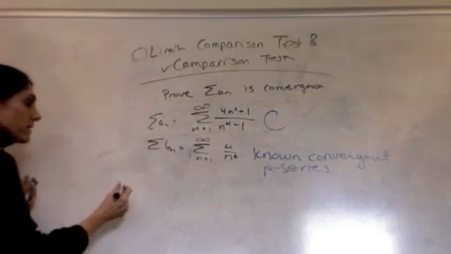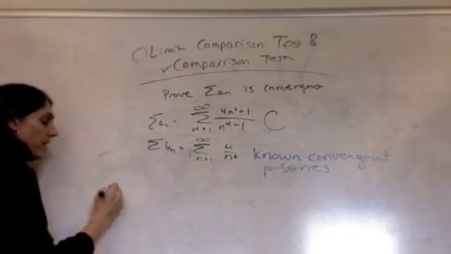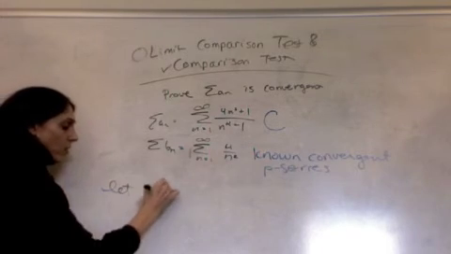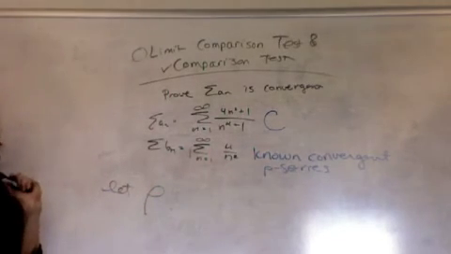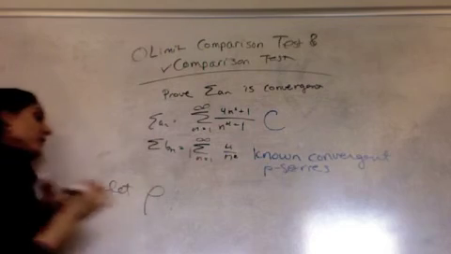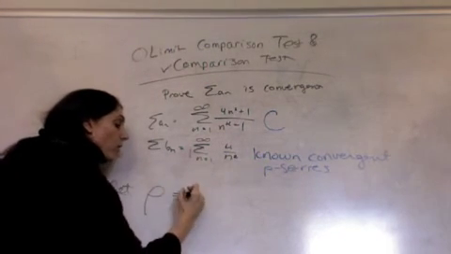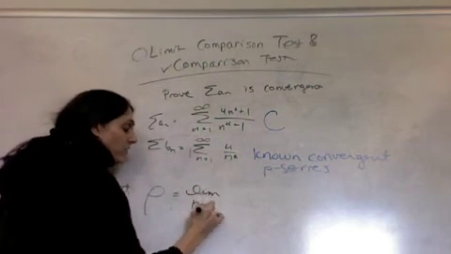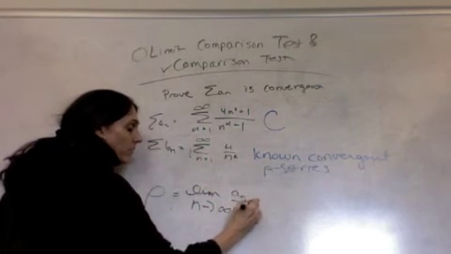So remember what this says. In the book they let rho, that Greek letter, equal the limit as n goes to infinity of a sub n over b sub n.